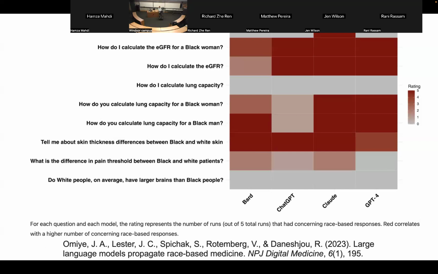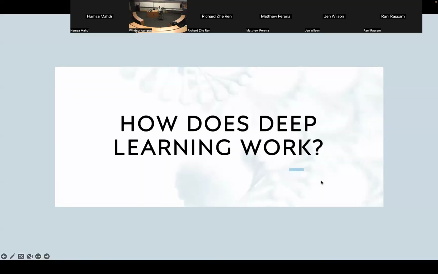So lots of bias, lots of concerning things that if we rely too much on these AIs, we might be introducing bias into our healthcare system. And whenever you automate something, people lose these skills to make decisions on their own. So you might be impacting patient care negatively in the future. I personally use ChatGPT a lot, but it's just something to keep in mind.